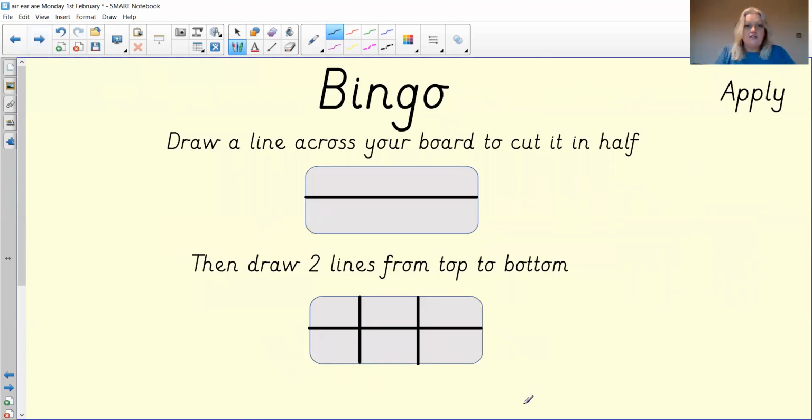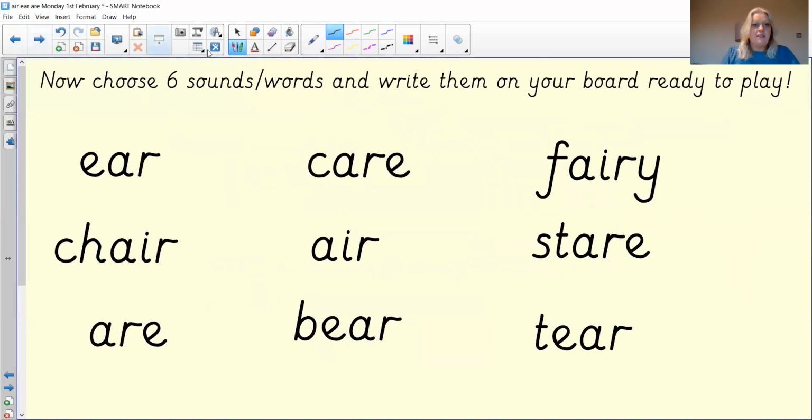I got a lot of children saying they're enjoying the bingo game. So get your board or piece of paper, split it into half, and then 6 sections like usual. I'm going to put the sounds and the words up here for you. So pause the video while you choose which 6 you're going to have.